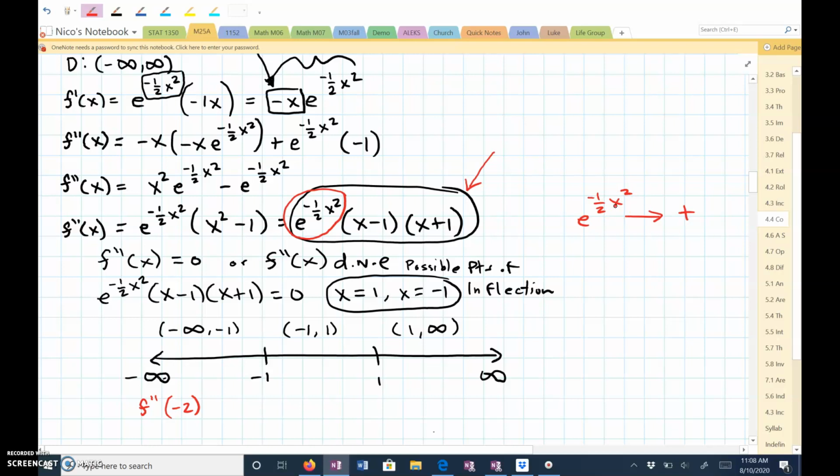Negative 2 here, that's going to be negative. Negative 2 here, that's going to be negative. So I've got a positive times a negative times a negative. So that's positive. So this is going to be greater than 0. So this is going to be concave up.